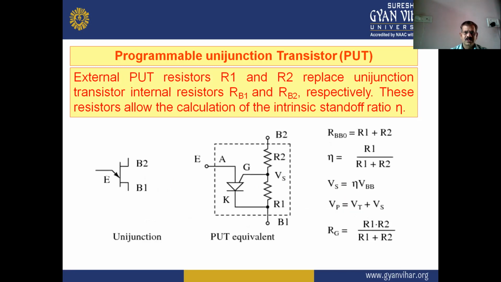So external resistors R1 and R2 replace the unijunction transistor internal resistors RB1 and RB2 respectively. These resistors allow the calculation of the intrinsic standoff ratio eta. So eta is the standoff ratio here.